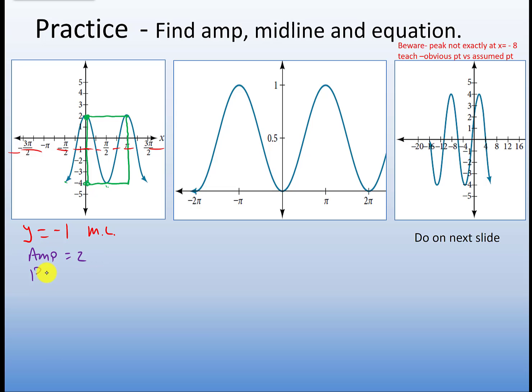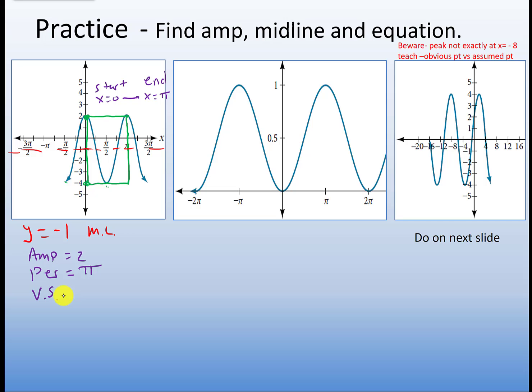The next thing that's easy to pull off the graph is the period, especially because I'm starting here. I'm starting at x equals 0, and I'm ending at x equals pi. So I have an easy start and end, so the period is pi. Next, is there a vertical shift?